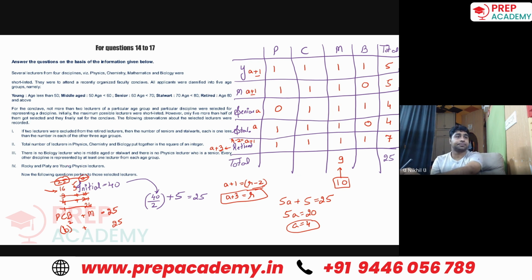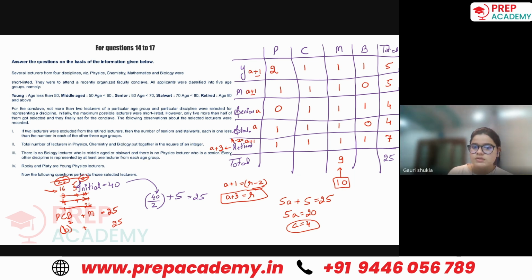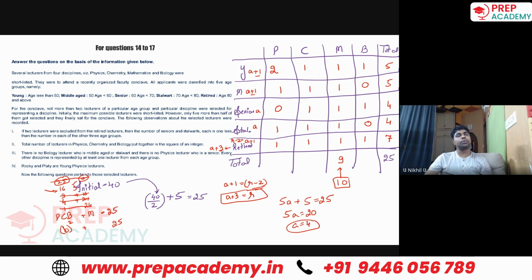Next line says, Rocky and Platy are young physics lecturers. So young physics lecturers, value is 2. This is confirmed because there cannot be more than 2.